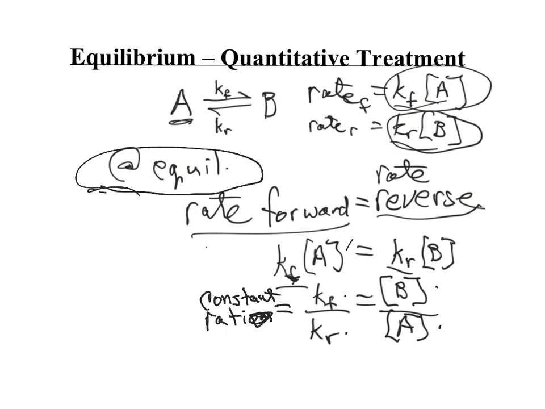So once you know the equilibrium, you know the ratio of products divided by reactants. We call this whole thing an equilibrium constant, capital K. And when we define things in terms of concentration, that's known as a Kc.